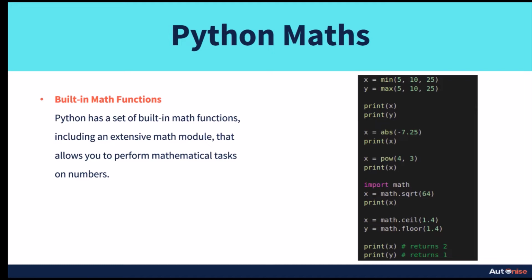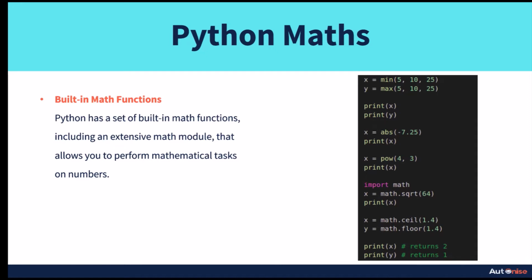To use this library, you must import math at the start of your code, and to use the functions inside this math library, you can use a dot, like we use to get a method from an object.